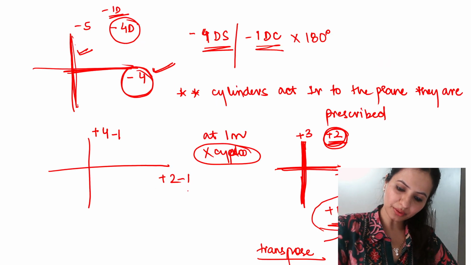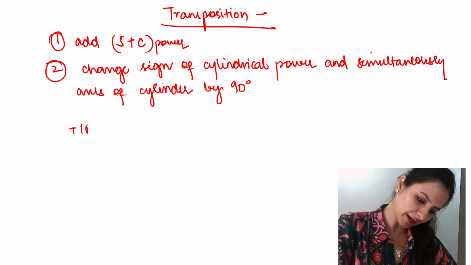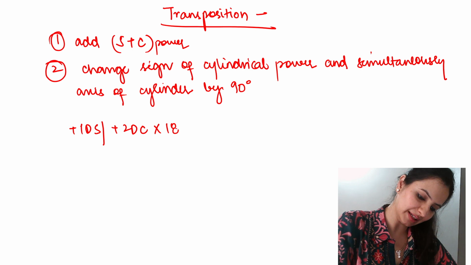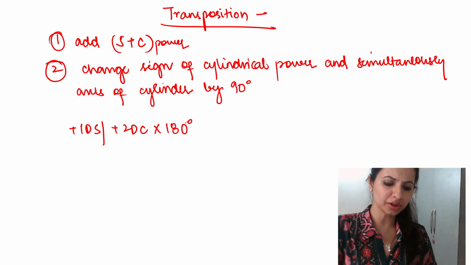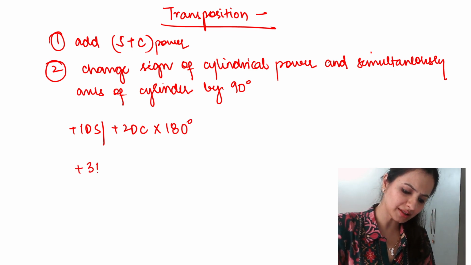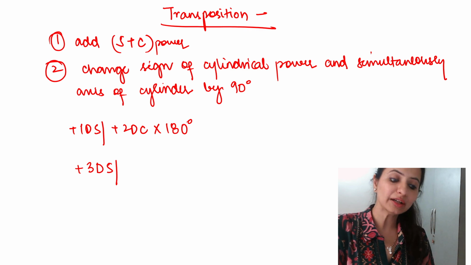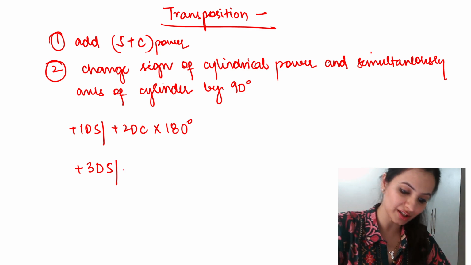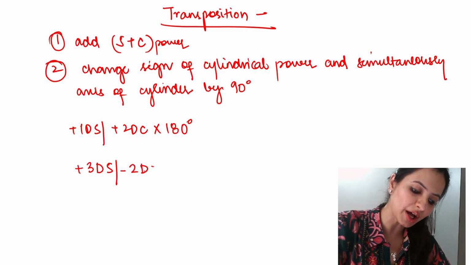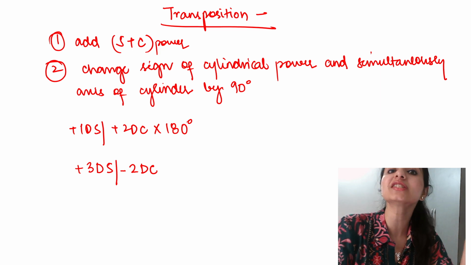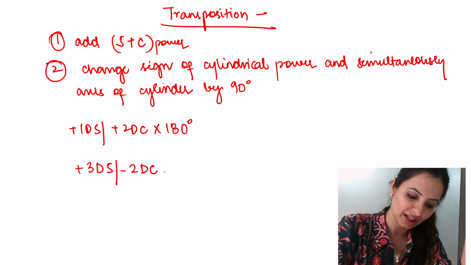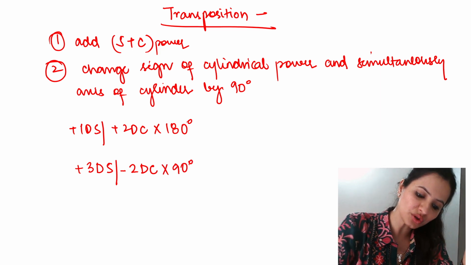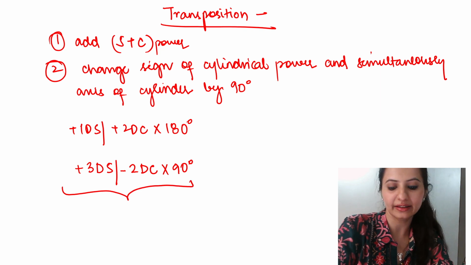So if we look at this, +1 diopter sphere and +2 diopter cylinder at 180 degree. If we add both the parts, it will come out to be +3 diopter sphere, and you have to change the sign of the cylinder. So it will come out to be -2 diopter cylinder, and change the axis by 90 degree. So it will be -2 diopter cylinder at 90 degree.